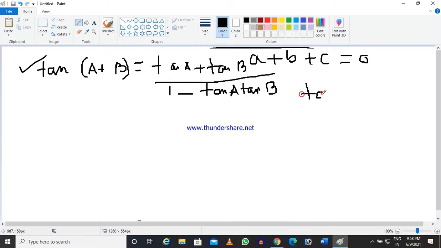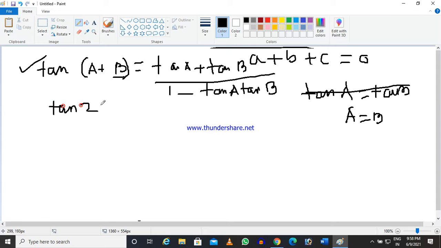Now if we assume a is equal to b, and in place of b, if b is replaced by a, then tan(a plus a), that means tan 2a, is equal to tan a plus tan a, 2 tan a, divided by 1 minus tan square a.